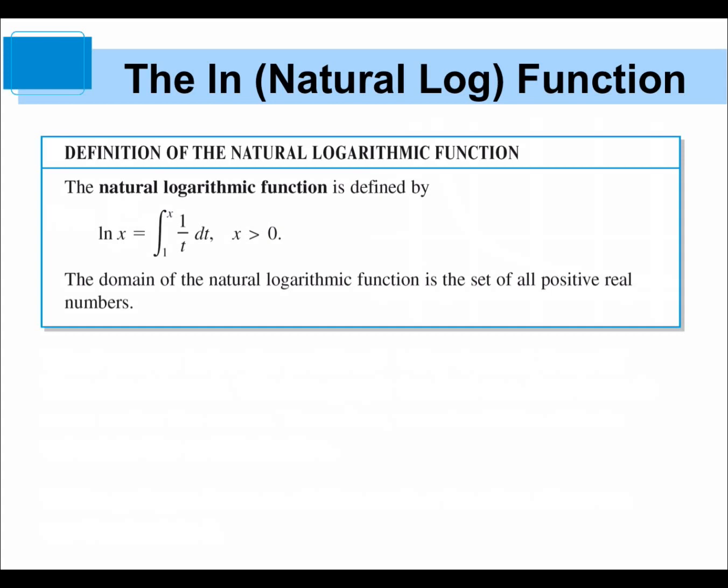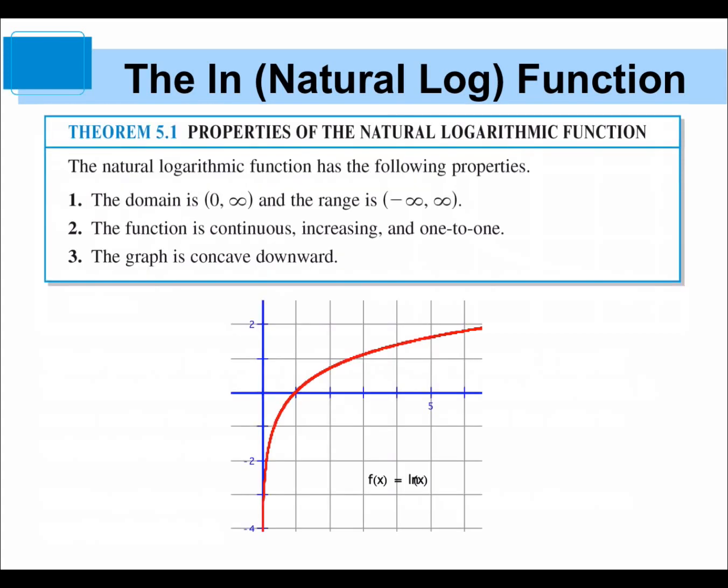Notice that little tidbit there too that says x has to be greater than 0. You can't take the natural log of a negative number. And last year in pre-calc, you probably looked at the natural log function. It looks like that. So it's asymptotic to the y-axis. Its domain is 0 to infinity.